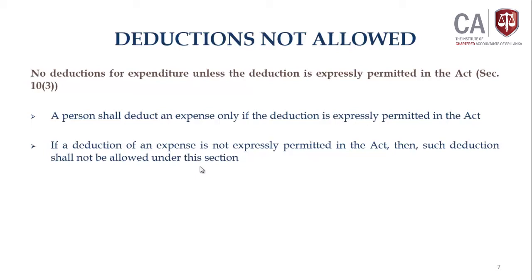In other words, the expense should be expressly permitted in the Act. You cannot argue, I am allowing the deduction because it is not disallowed in the law. For each and every expense, for you to allow it, you must find the express provision, expressly permitted in the law. That means a very clear provision under what section you are allowing.